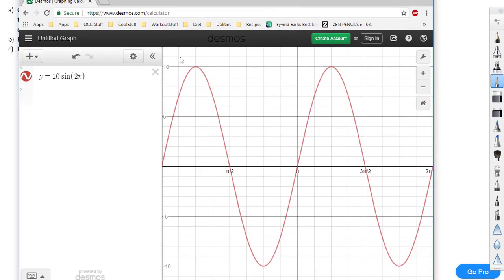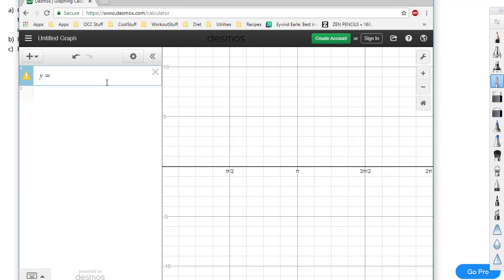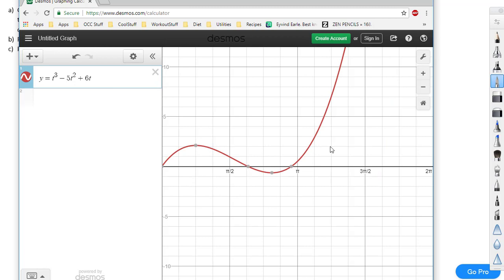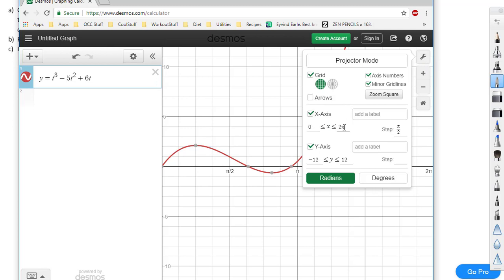Okay, great. And we are going to graph this time t to the third minus 5t squared plus 6t. Now, I really don't want these to be the same as last time, so what I'm going to do is change my x-axis.